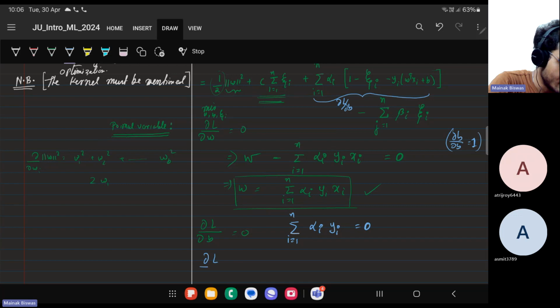Similarly, I can write dL/dxi I equal to what?